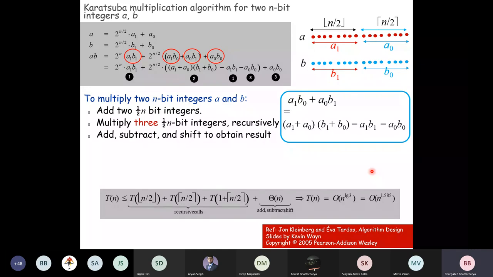This is a beautiful result and one of the fundamental results in the history of multiplication algorithms. Of course, hardware implementation of the Karatsuba multiplication algorithm is a little more involved, as you can see, because this is a recursive algorithm sort of.